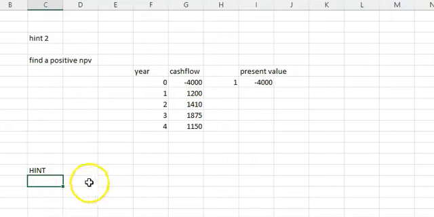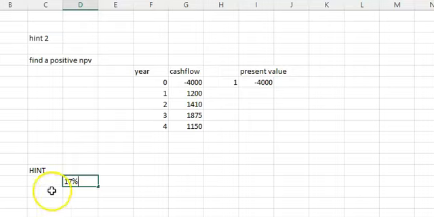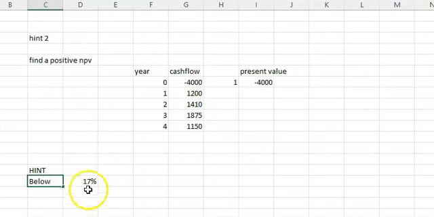Given a rate which is in the question, 17%, any number below 17, at least below by 7, so a 10%, will give us a positive answer.